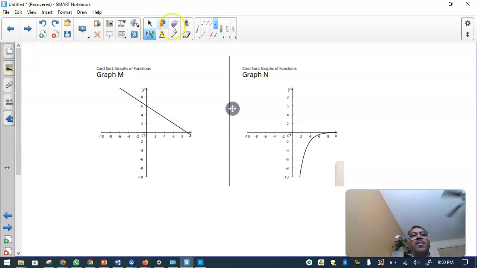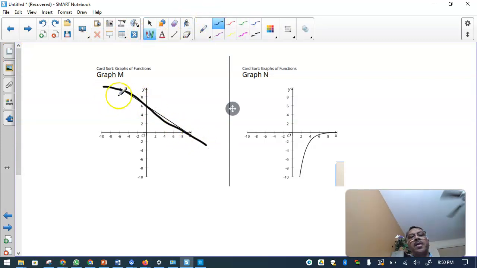Watch this problem. Again, linear, there's a vertical intercept, horizontal intercept, continuous and linear. This is not discrete, it is not periodic. This is an exponential function, but it is a reflection of the exponential function.